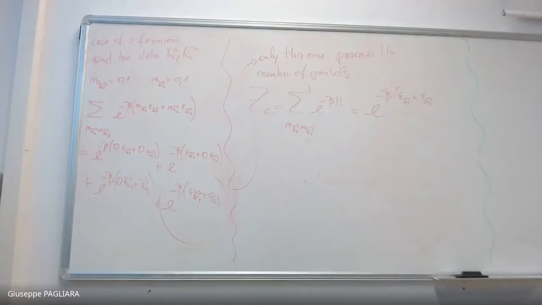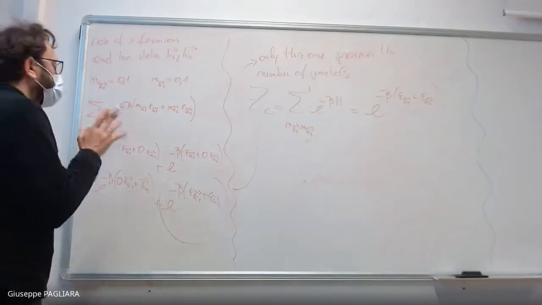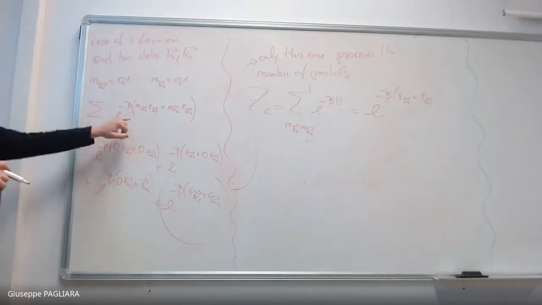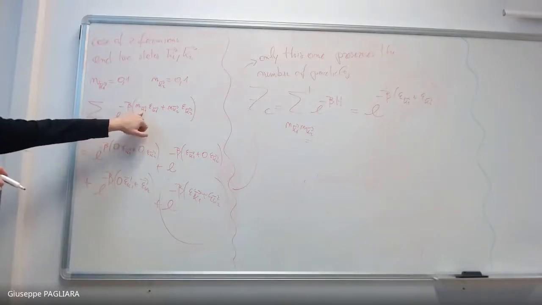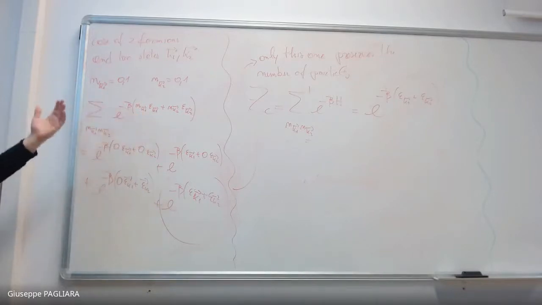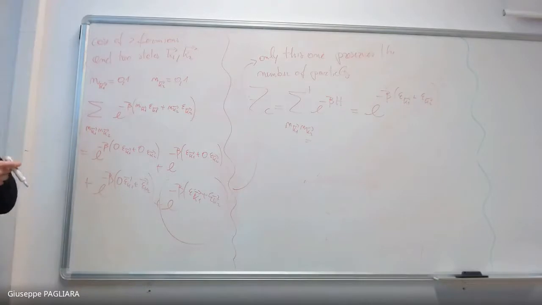Now, the situation with two particles and two states is easy to deal with, but you can imagine what a complicated situation I have in the cases in which I have infinite possible values of k, because this is not bounded from above, and particles when n is 10 to the 23.